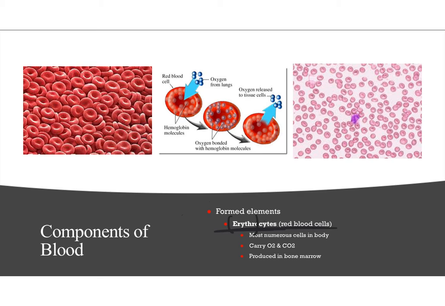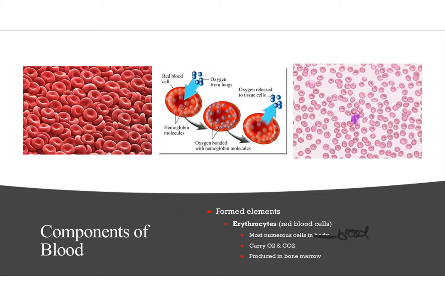You also need to know that the red blood cells are the most numerous cells in the blood. And they carry oxygen and carbon dioxide, and you need to know that erythrocytes, or red blood cells, are produced in the bone marrow.